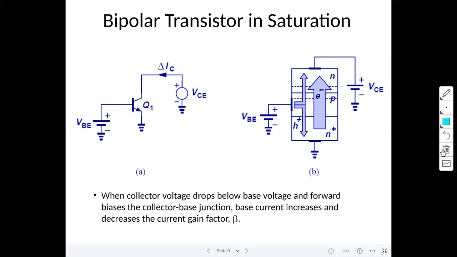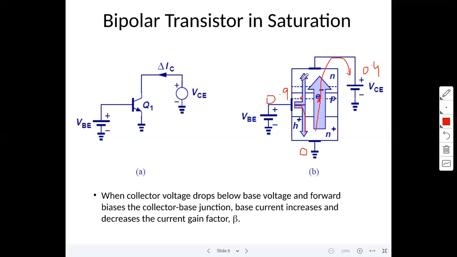Once again the concept: whenever both junctions are forward biased, the values we assumed are 0.4 at the collector, 0.9 at the base, and 0 at the emitter. No doubt both junctions are in forward bias, so holes diffuse into this side and electrons into this side.